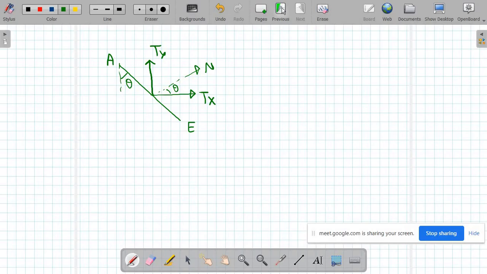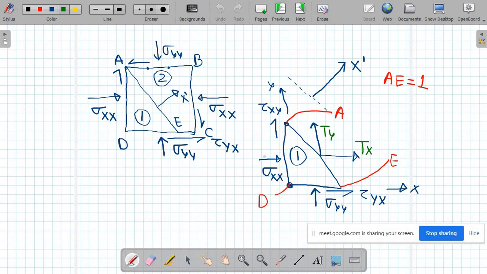Now go to the previous one. Now here this is the block, and this block has a force in the x direction, sigma xx, shear yx, both are oriented in the x direction.